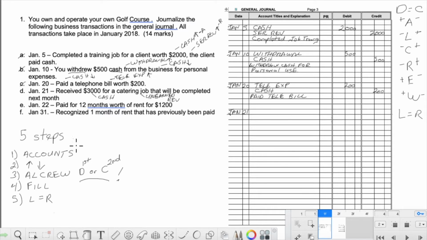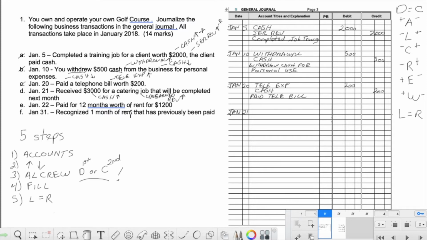All right. Up or down? Cash received, so it went up, so that's always a good thing. And our unearned revenue, did it go up or did it go down? It went up, right? So cash we know, so let's verify things.